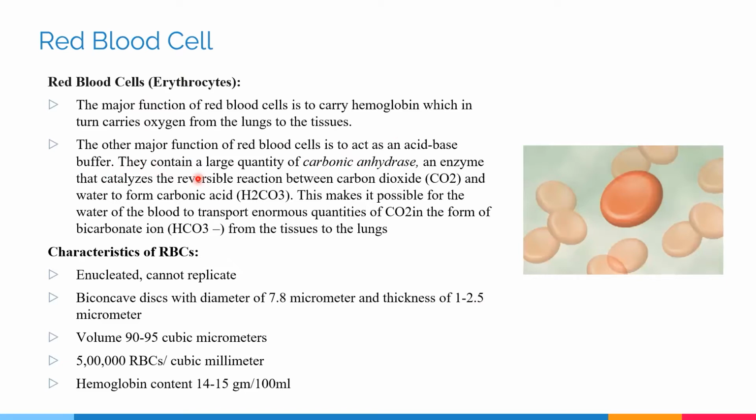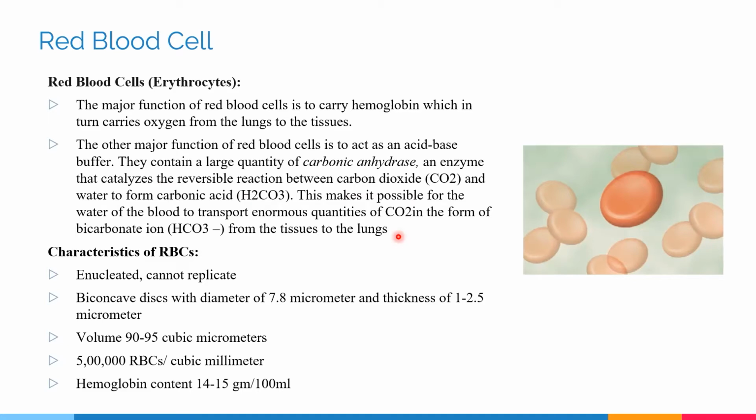So, in addition to hemoglobin, RBCs also contain large quantities of carbonic anhydrase, an enzyme that catalyzes the reversible reaction between carbon dioxide and water to form carbonic acid. Thus, this carbonic anhydrase makes it possible for the water of the blood to transport enormous quantities of carbon dioxide in the form of bicarbonate ion from tissues to lungs.